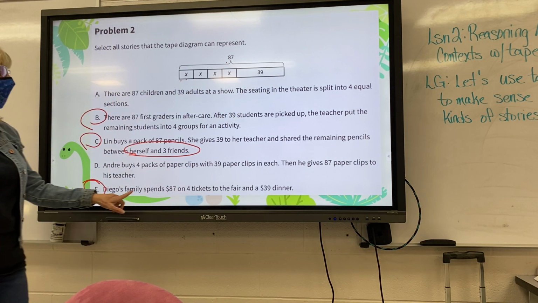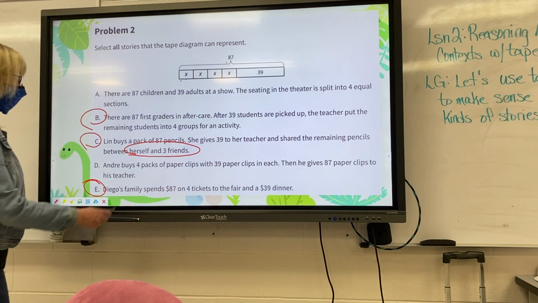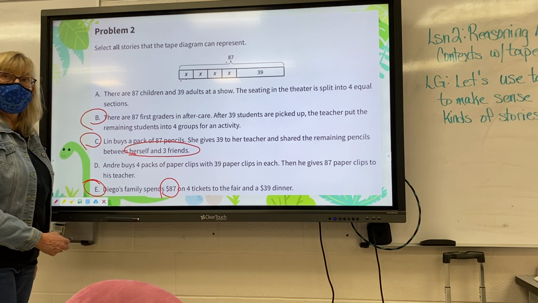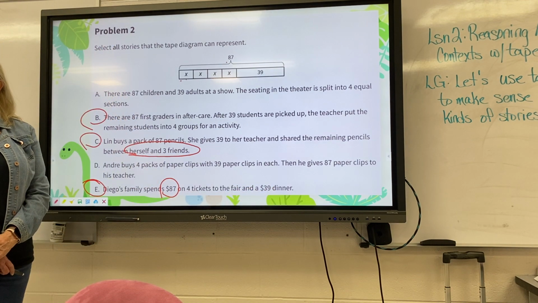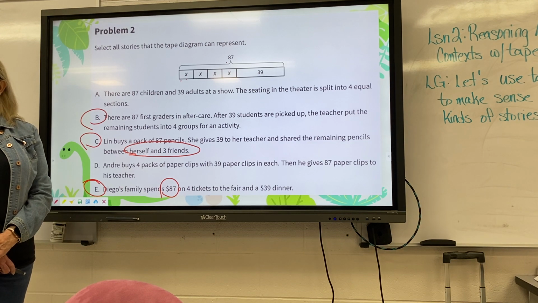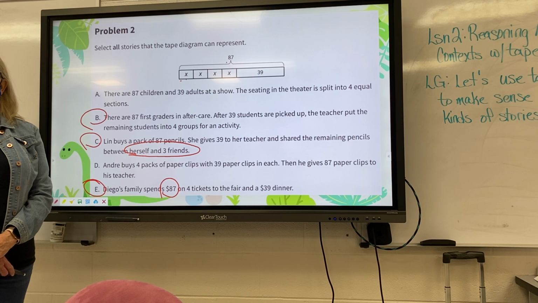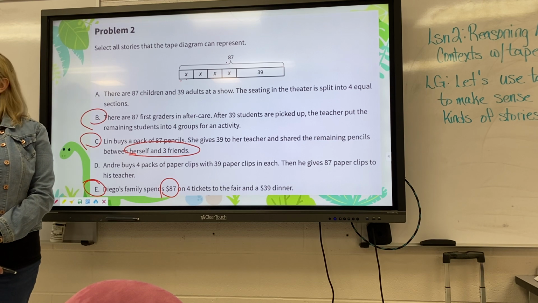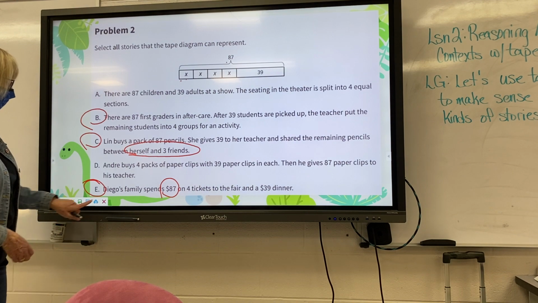It's not saying they spent $87 on just 4 tickets. It's saying, here's your total, and they bought 4 tickets and dinner. Read it again. Okay, does that make sense now? Okay. All right.